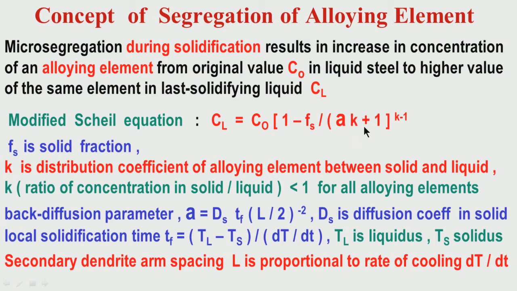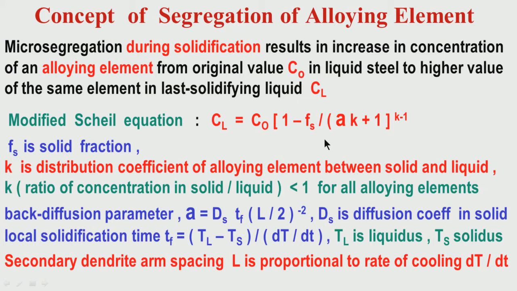Small k is the concentration of that particular element in solid divided by the concentration of that element in liquid, and k is always less than 1 because the liquid will always become rich in the solute alloying element.